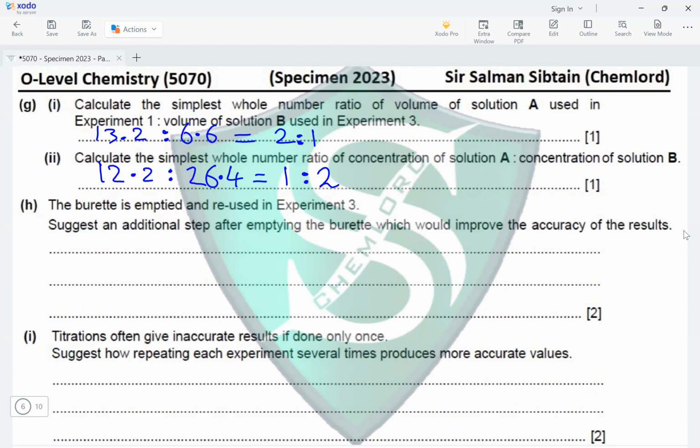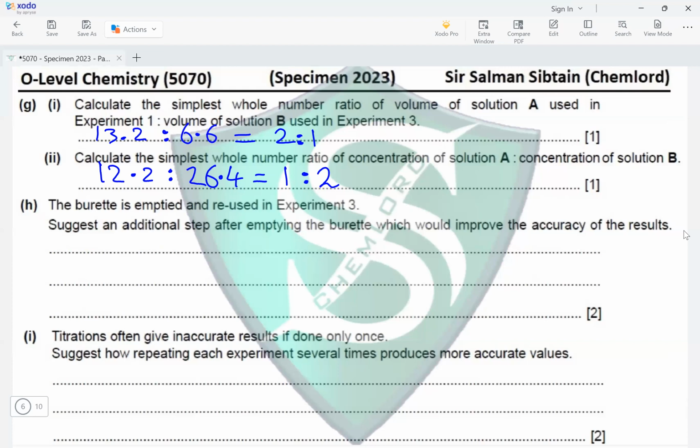So after we empty it, we add solution B into the burette, and then we wash out solution B from the burette. So now anything that was present in the burette is removed, and the only thing present inside the burette is solution B. So when we fill it up with solution B, there would be nothing else that would interfere with our result or dilute or react with solution B.